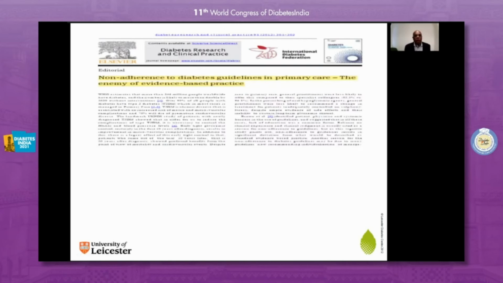So another most effective way of implementing guidelines in primary care is actually to translate these guidelines into clinical pathways. So a few years ago, what we did was we looked at this case of non-adherence to guidelines in primary care setting and labeled it as the enemy of evidence-based medication.